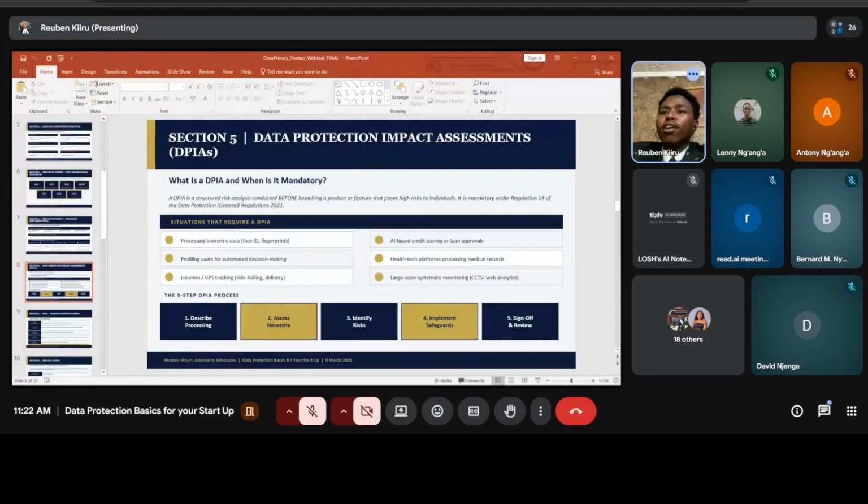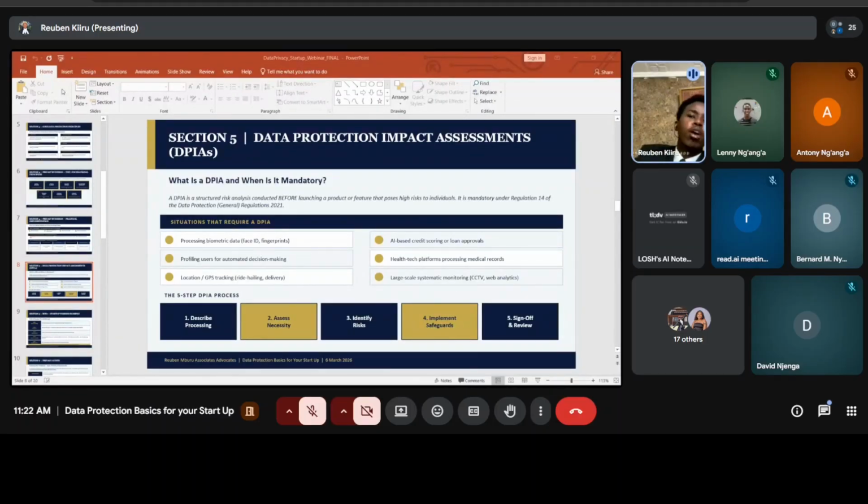Now we also have data protection impact assessments. The Act provides that we need to have data protection impact assessments. This is a risk assessment that you need to conduct before you launch a product or a feature that can pose a risk to individuals. So ensure that within your organization, before a product launch, you have a data protection impact assessment plan.